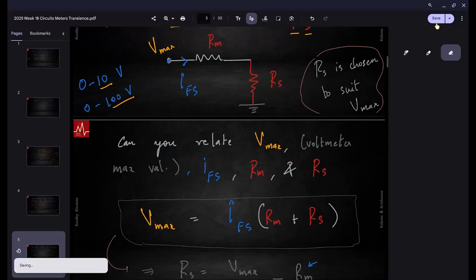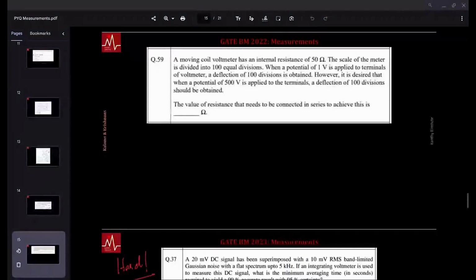Okay, let's quickly look at the PYQ. Suppose it is measurements. Screen is visible, just look at the question.